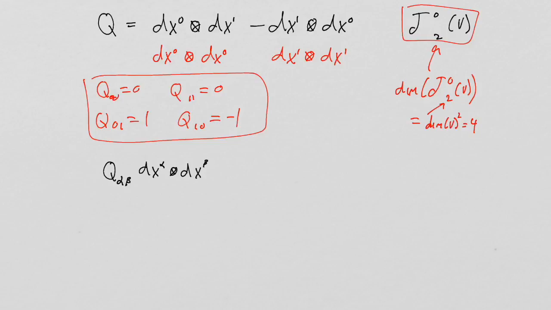By the way, obviously I've chosen this because I know it is the same as dx0 wedge dx1, and that is the basis of the second exterior power.